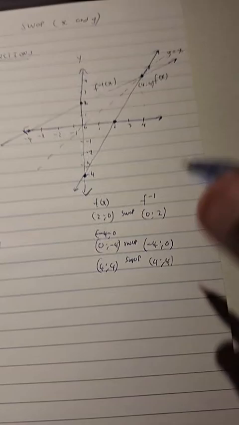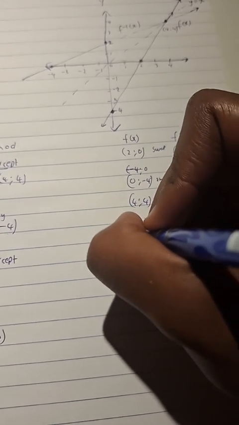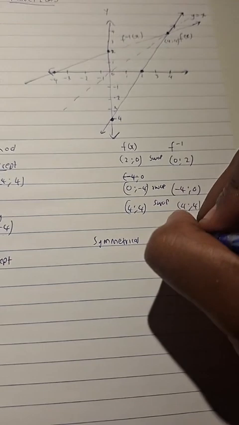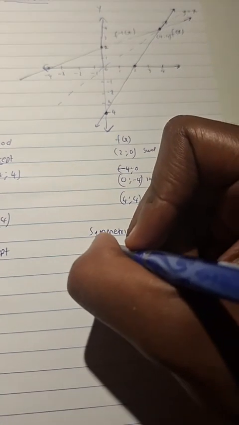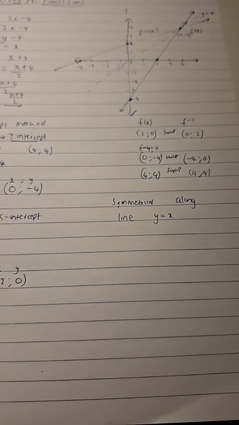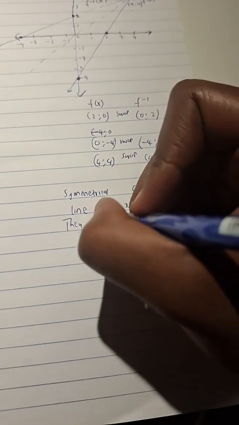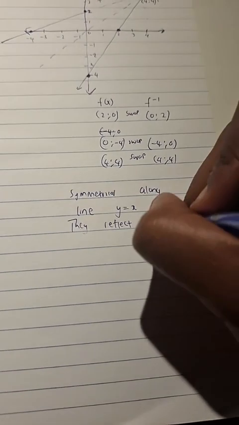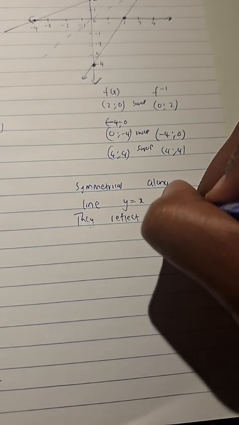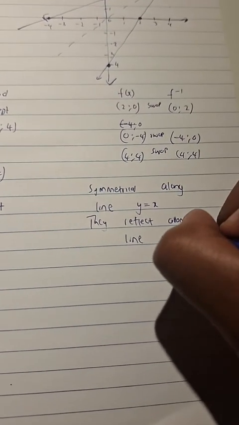In other words, if they are symmetrical along the line y is equal to x, we also say the following: they reflect along the line y is equal to x.